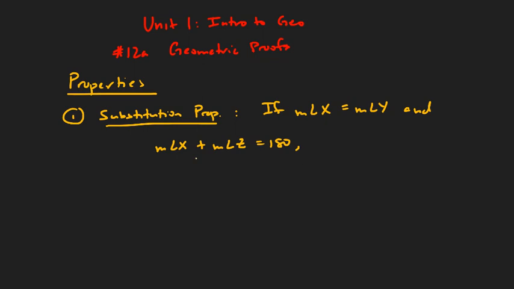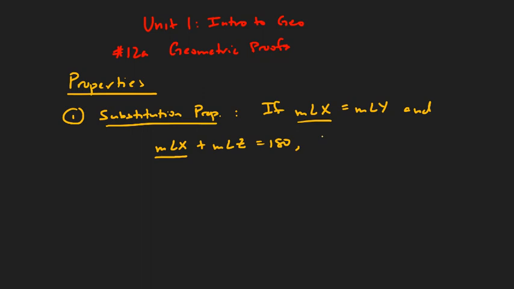Then you could combine them in this way because angle x is equal to angle y, and angle x is used in this equation. We can remove angle x in the equation and replace it with what it's equal to, angle y.